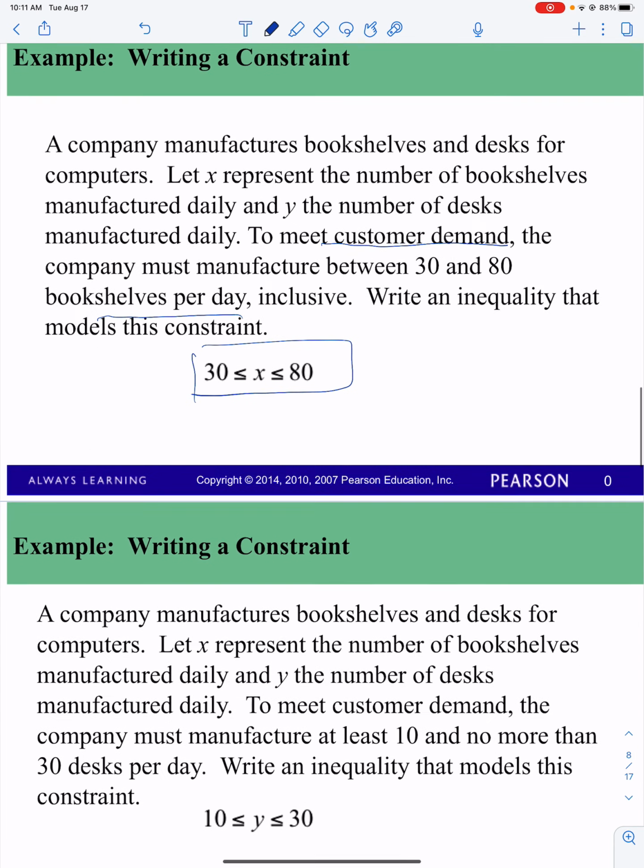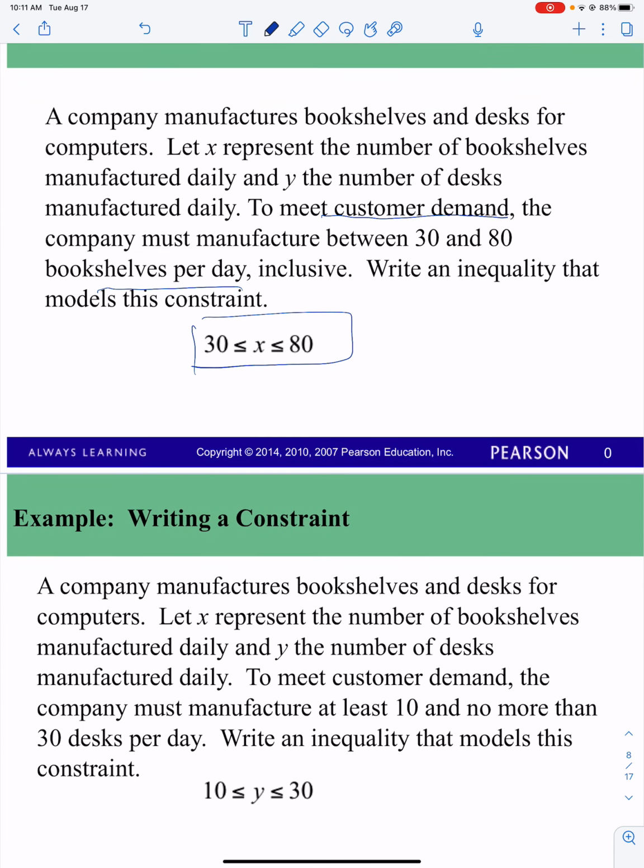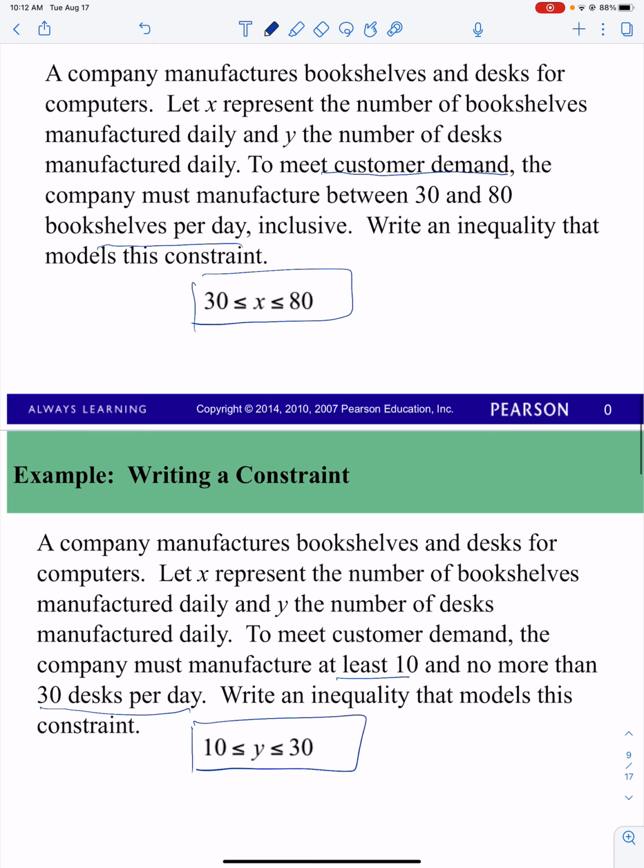The company also manufactures at least 10 and no more than 30 desks per day. This is also based on the information from the sales. Now with all these constraints, what will be the maximum profit?